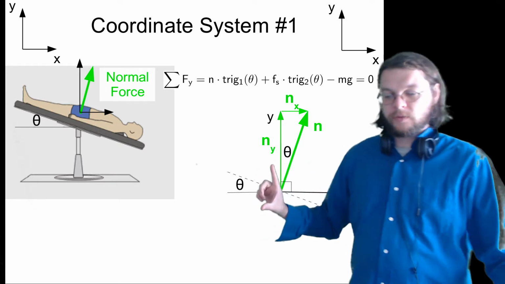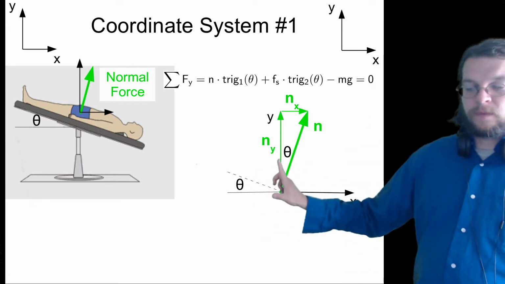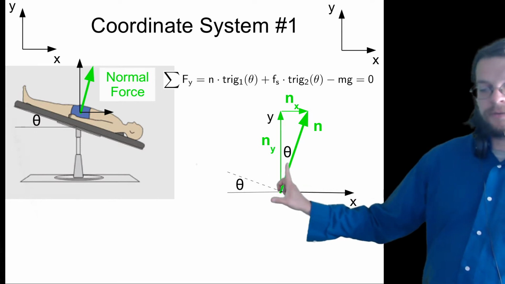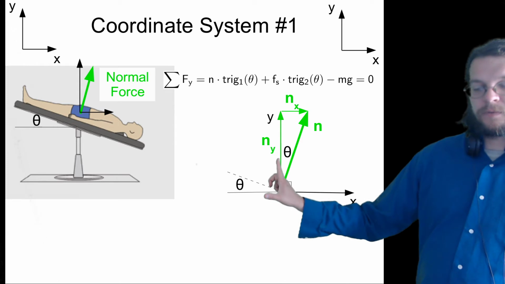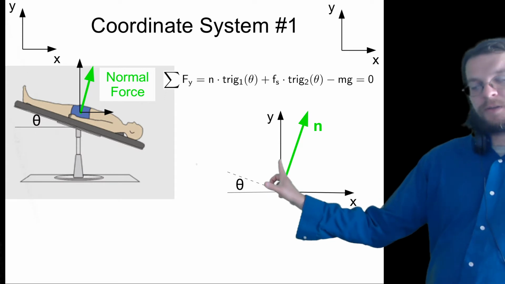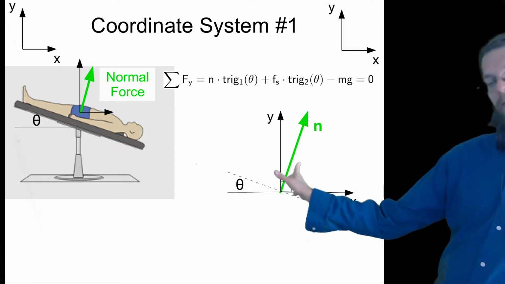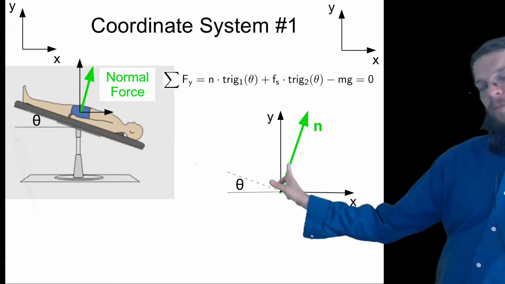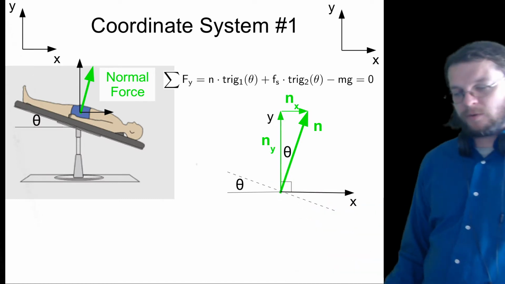So the way I would think about it is, if I rotate my fingers exactly by that much in theta, then I've made the angle theta here. That's kind of the way I think about it.